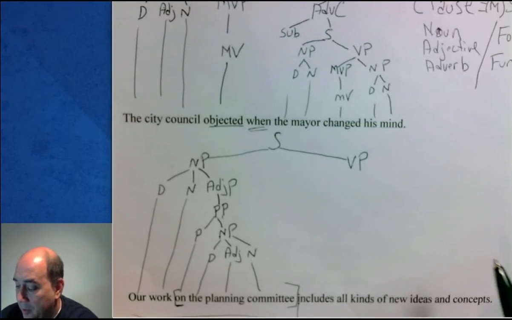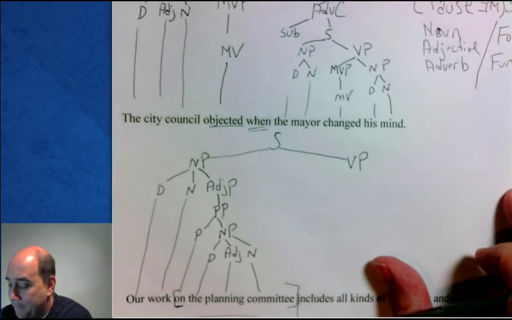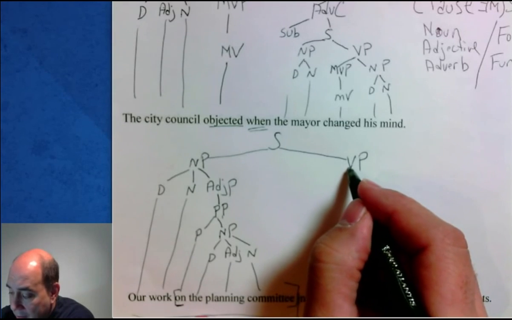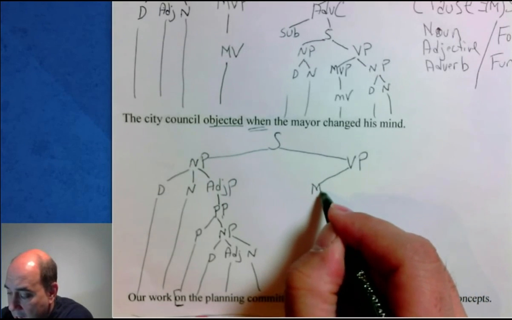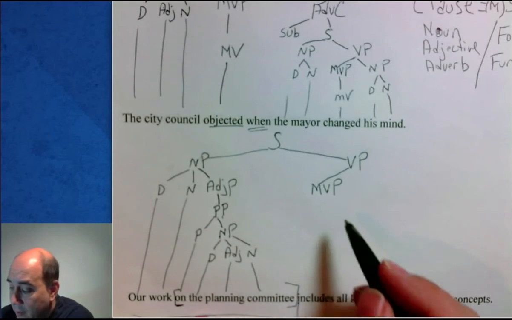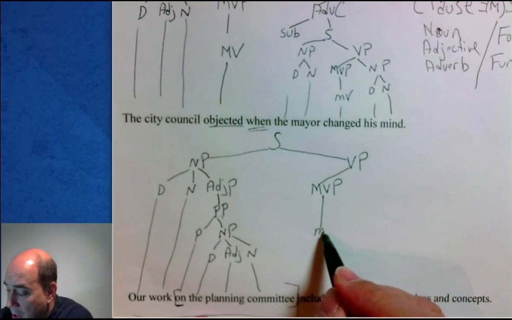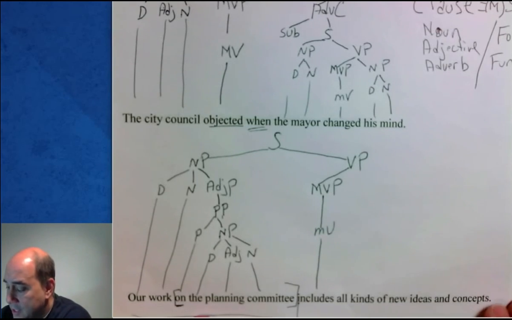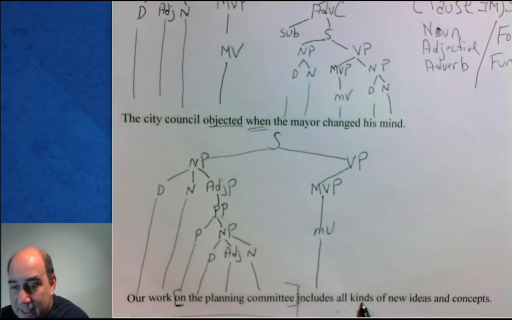Basically, this is the complement of the rest of the sentence, as some people like to call it. And I'm going to pull off of here my main verb phrase again. Main verb phrase. There is no auxiliary here, because it's just one part of the verb. So I'm just going to come down and do a main verb. And then we'll come all the way down. Now, let's look at the rest of the sentence. We've got all kinds.